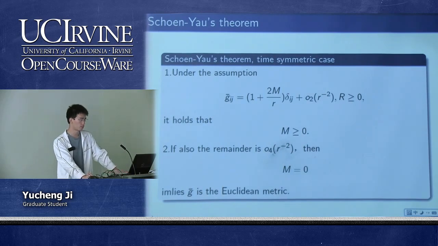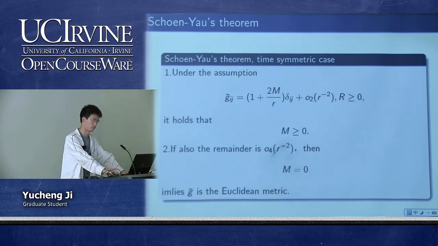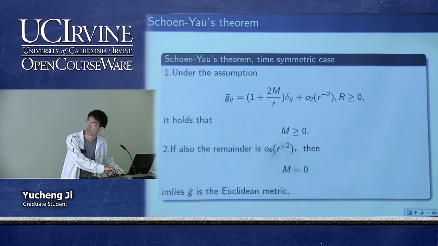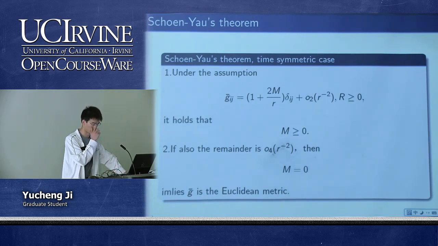Okay, now this is one of the special cases of the theorem they proved, called the time symmetric case. I don't know why it's called like this, but we can just introduce the sketch of the proof. So that's an assumption, some asymptotic flatness, and this is Schwarzschild plus some other terms.